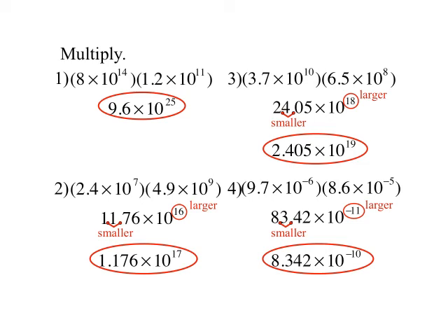Number 2 is 1 and 176 thousandths times 10 to the 17th. Number 3 is 2 and 405 thousandths times 10 to the 19th. And 4 is 8 and 342 thousandths times 10 to the negative 10th.